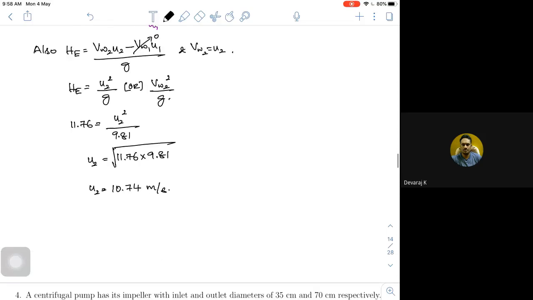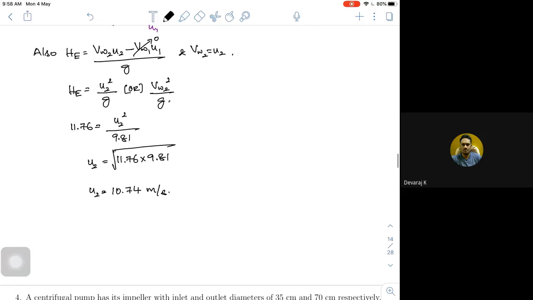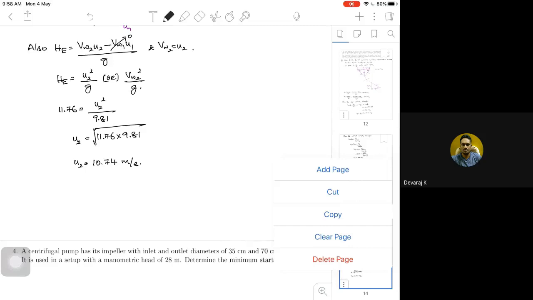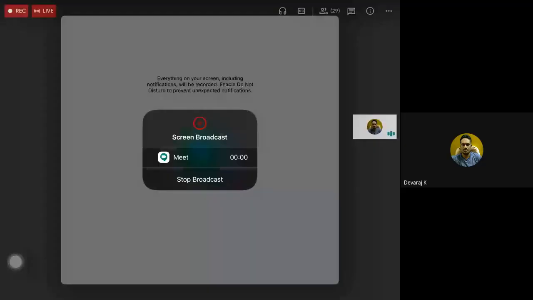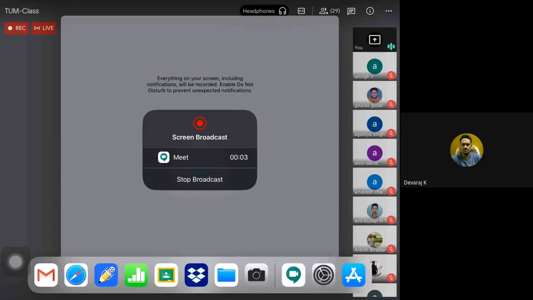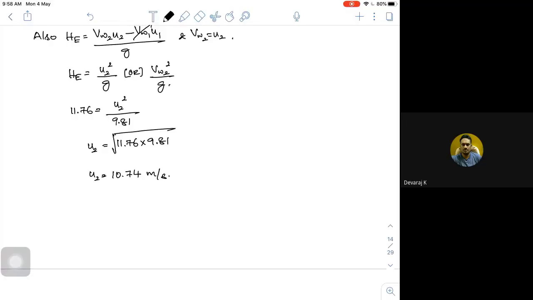Now what is the formula for this U2? We have the formula: pi d2 n by 60. So from that I can find the d2. So d2 will be equal to U2 into 60 by pi into n.